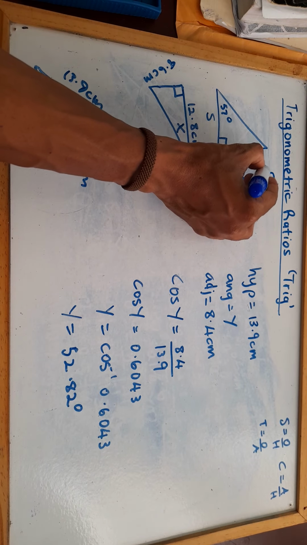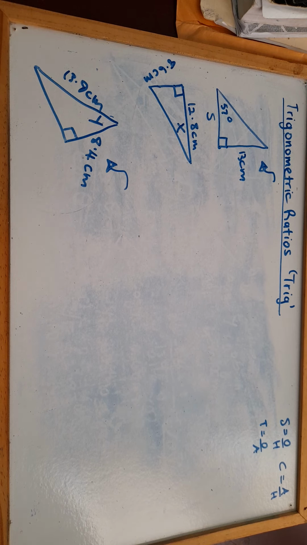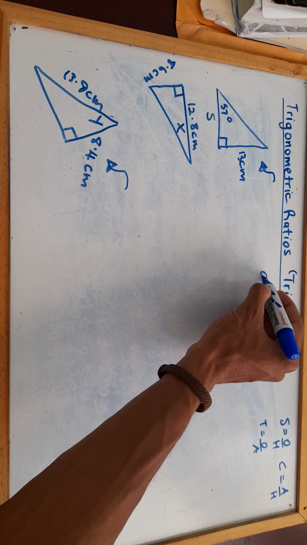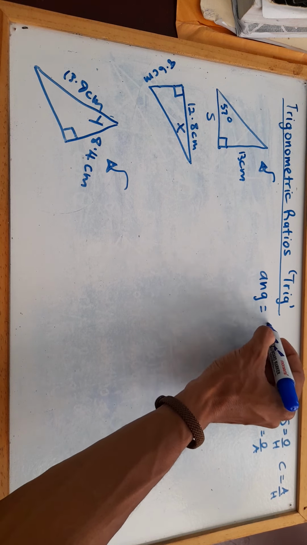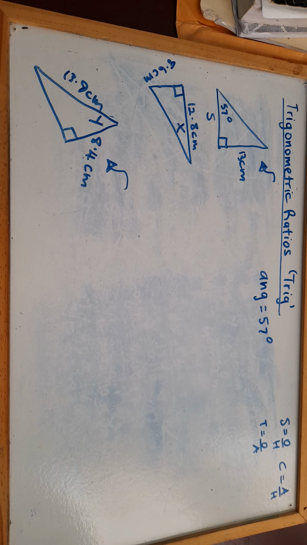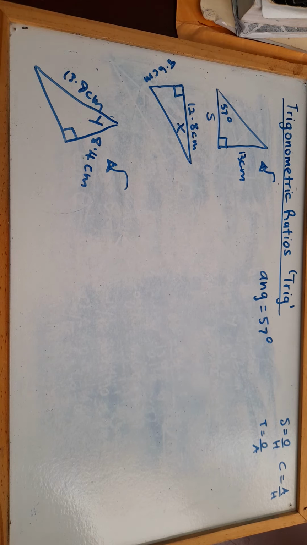We'll now look at the example above. Again, what is given? Now we have our angle equal 57 degrees. We don't have a hypotenuse. So don't always just put hypotenuse.